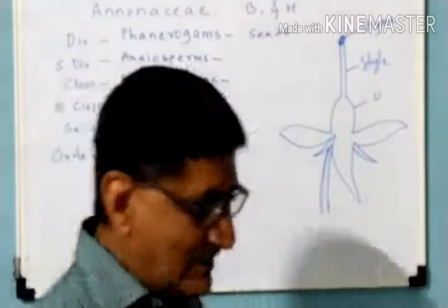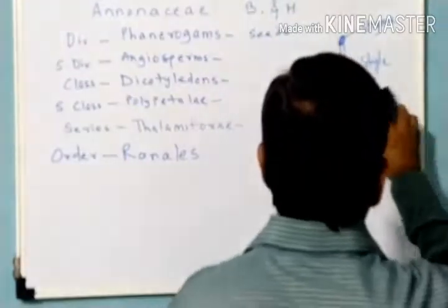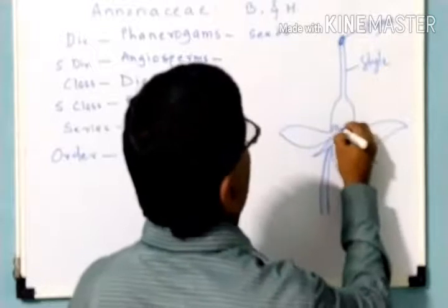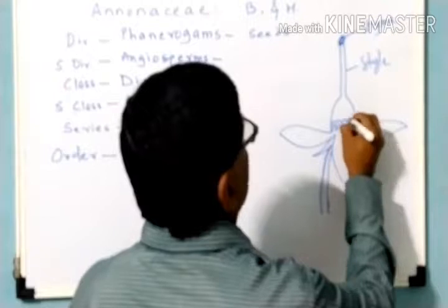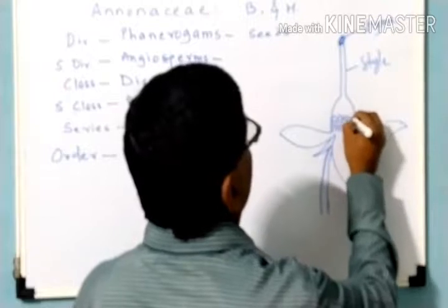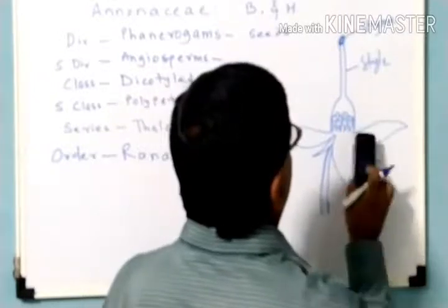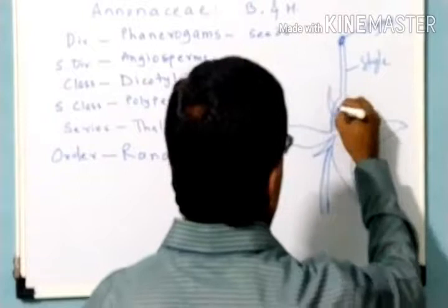Stamens are uncountable. And what is meant by apocarpous gynoecium? Here you can see the arrangement of the stamens is somewhat like this. They are arranged spirally on the lower half of the convex thalamus, and here you will see the carpels.